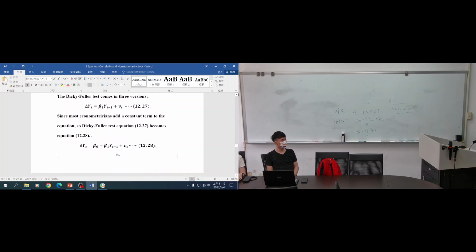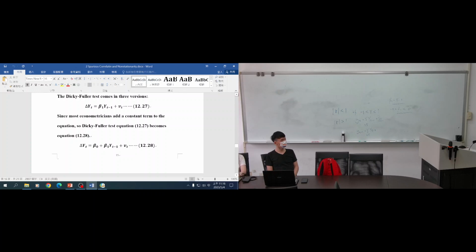The first one is 12.27. What does 12.27 tell us in terms of regular regression? There's no intercept, right? Look at 12.27. It starts with beta 1, yt minus 1. So there's no intercept. Did you see that?